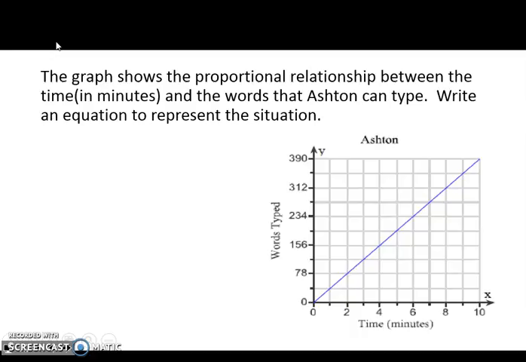All right, the graph shows the proportional relationship between the time in minutes and the words that Ashton can type. Write an equation to represent the situation. So since it's proportional, we know it's going to be y = mx because our b value is already 0. It goes through the origin.